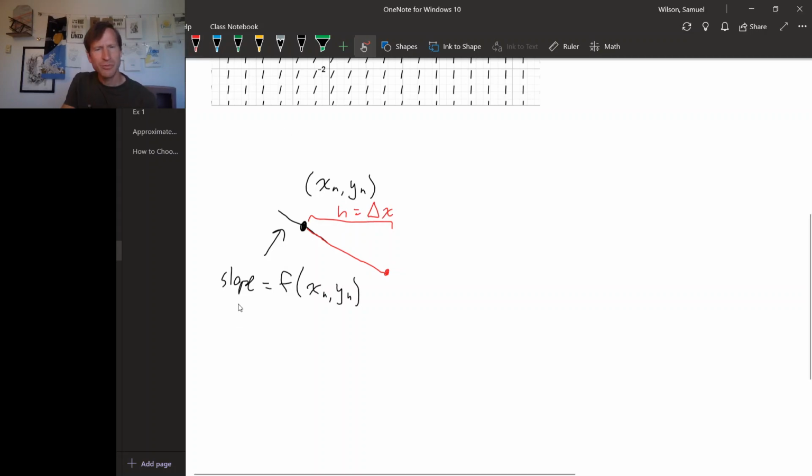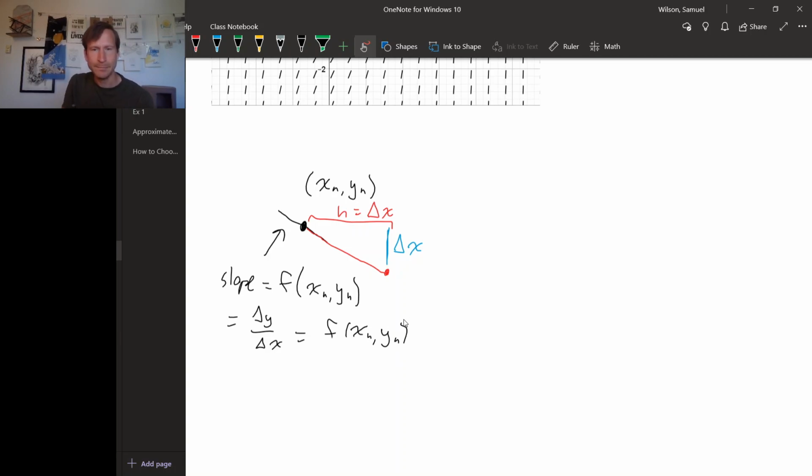But remember, since we're following a line here, slope is just delta y over delta x. We have delta x in this picture, so let's add delta y to the picture. Delta y is right here. So we have delta y over delta x is f of x sub n comma y sub n. And we know delta x because delta x is always just h.